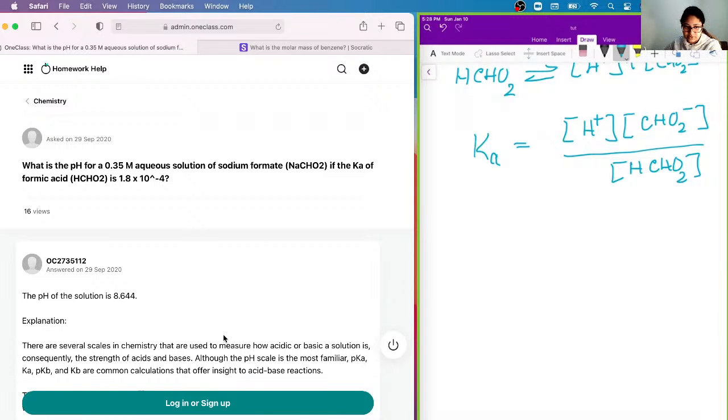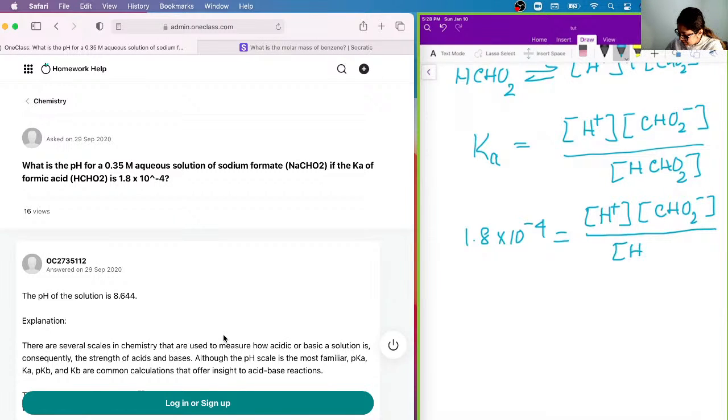Since we're given Ka, which is 1.8 times 10 to the -4, we can substitute it: 1.8 times 10 to the -4 is equal to H plus times CHO2 negative, all over HCHO2.